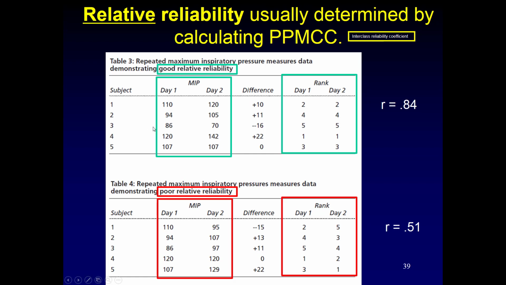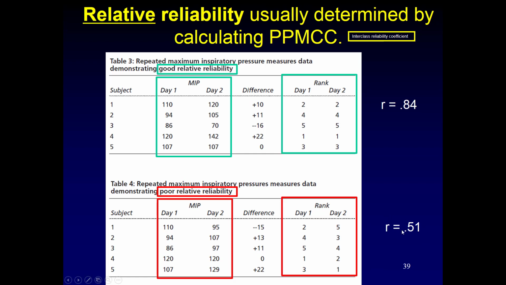A person that is low on the first trial is low on the second trial. So you see that relative reliability, as assessed using the Pearson R in this case, is pretty high. People maintain their relative position in the group, as compared to this test, in which people who are high on the first trial aren't the highest on the second trial, and you don't have as great a reliability coefficient.